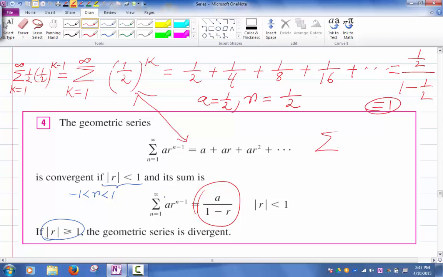Let's say I have the summation k going from 1 to infinity, 3 to the k plus 1 divided by 2 to the k. Is that a geometric series?